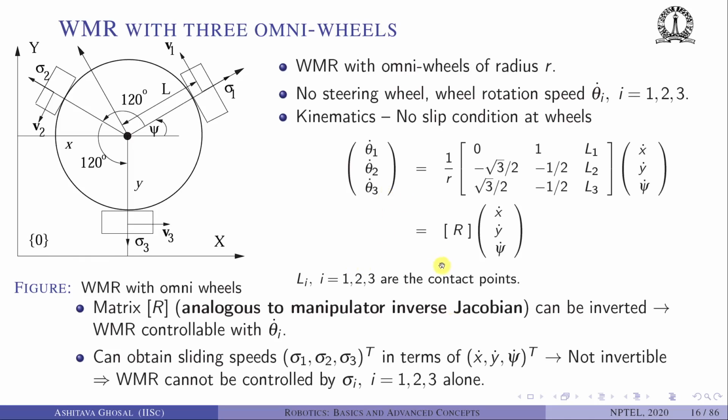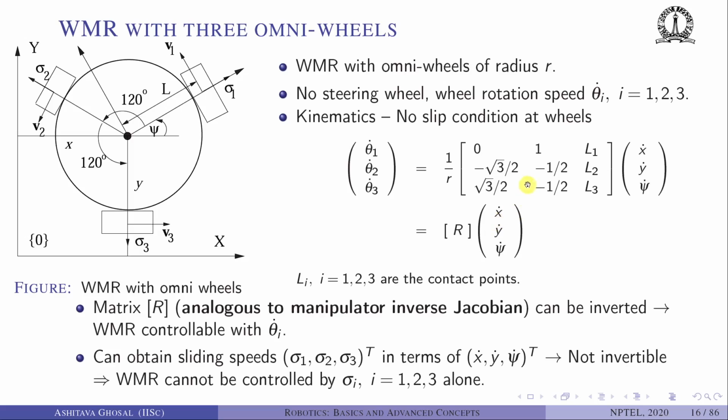Whereas here we have theta dot equal to some matrix times V, roughly speaking. V here corresponds to linear velocity and angular velocity. So this matrix can be inverted. It looks like it can be inverted, and it is true, it can be inverted.